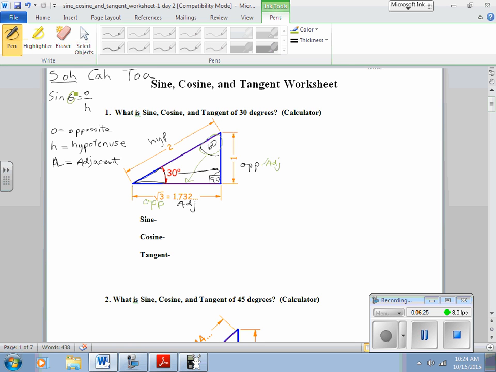So if you use sine, that means you have the angle measurement or one of the two sides, the opposite or hypotenuse, and you can find one of those three that's missing, okay? If you have cosine, cosine of the angle is equal to the adjacent over the hypotenuse.